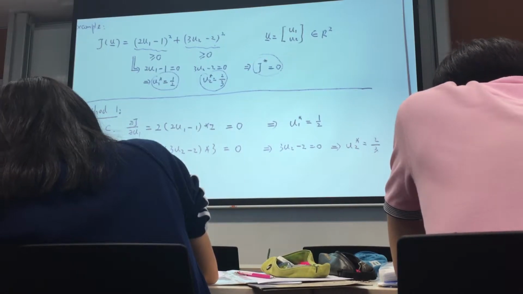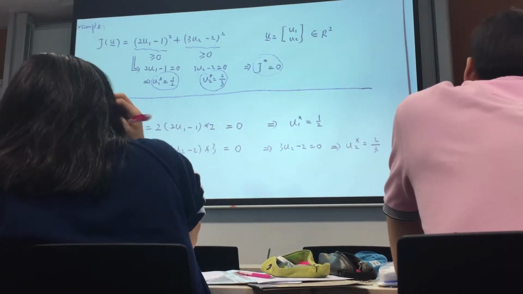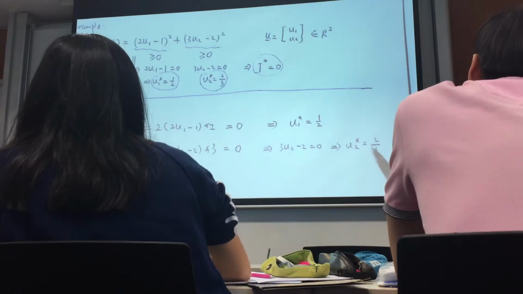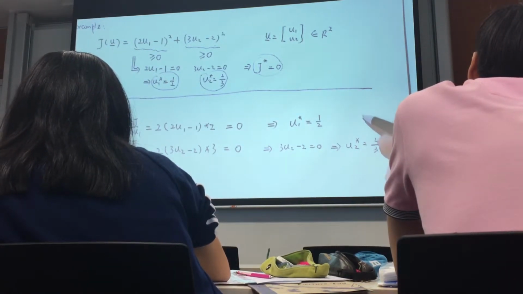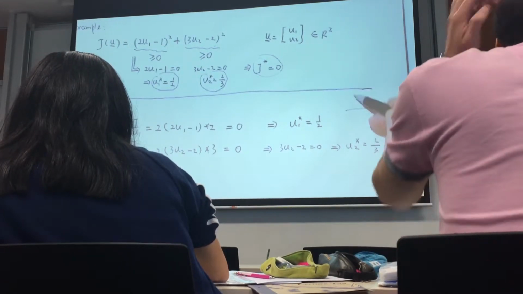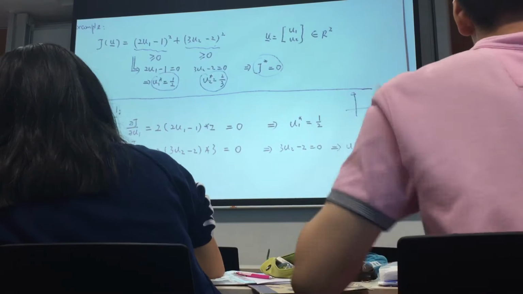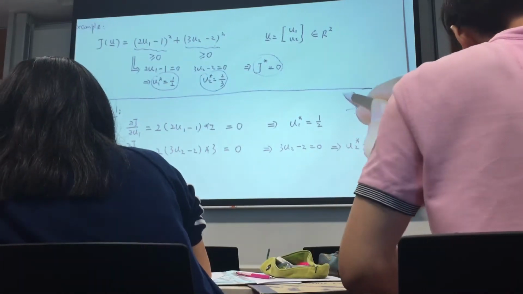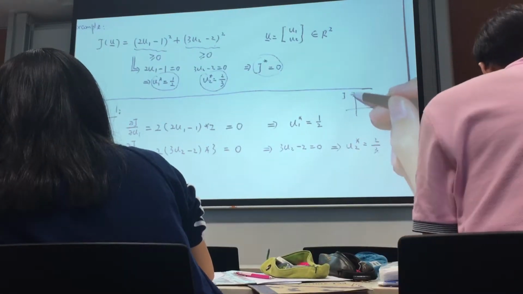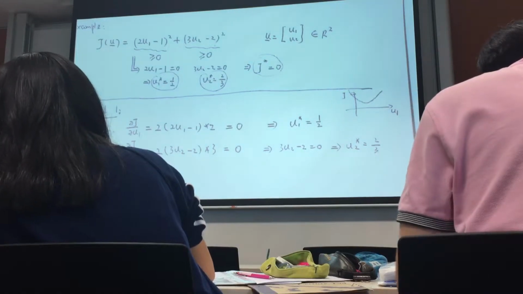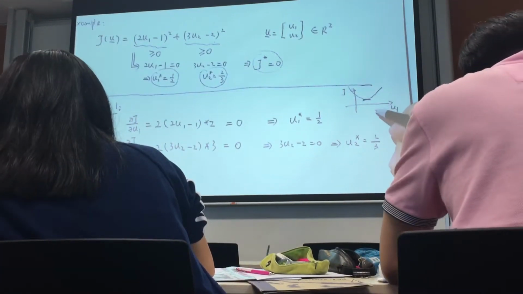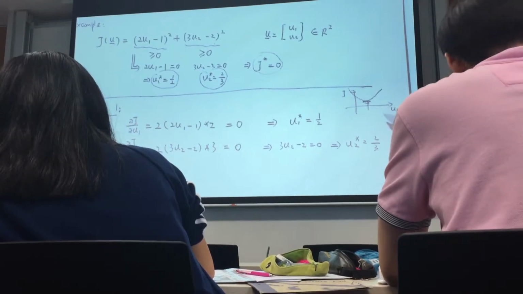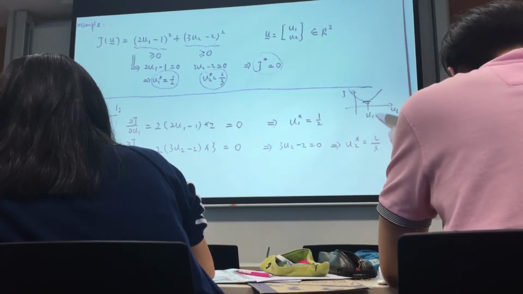By evaluating this necessary condition, we only got one point. In a one-dimensional space, you can understand the problem like this: our function is something like this, and you only get one potential point, which gives you u1 star.